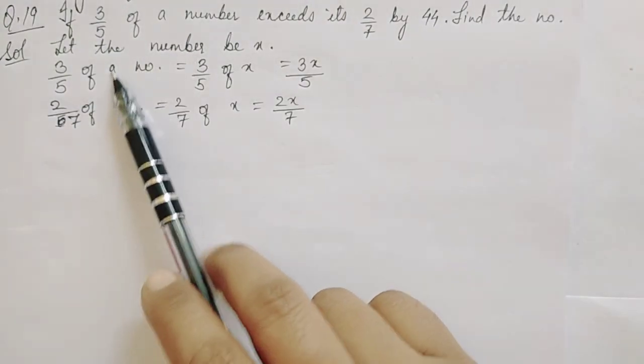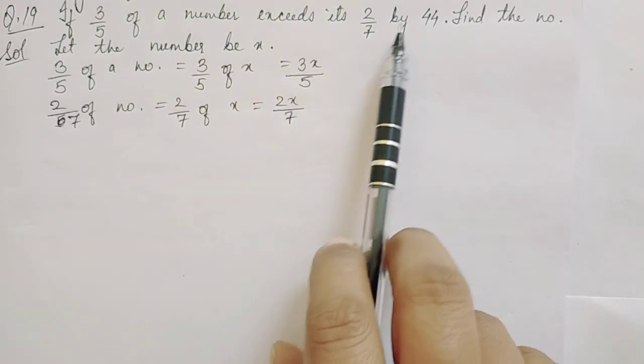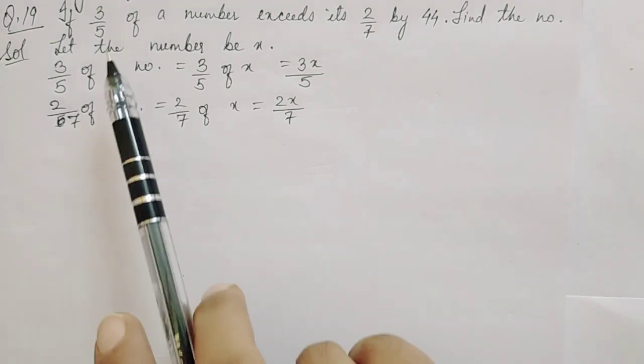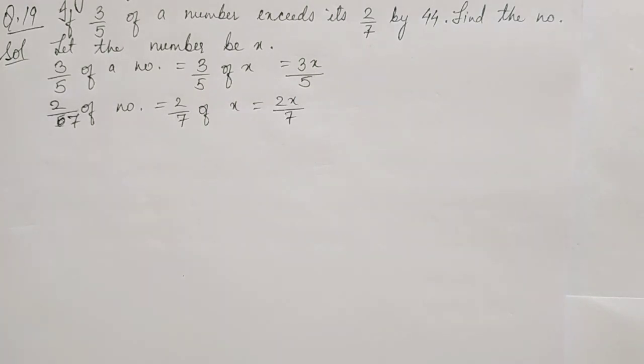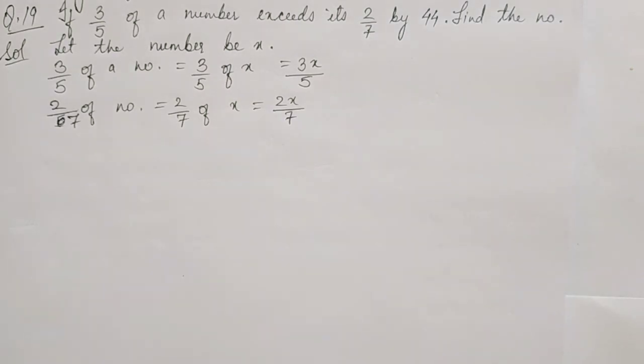Now pay attention here: 3 by 5 of a number exceeds its 2 by 7 by 44. Exceeding means it is greater. It is greater than its 2 by 7, and by how much is it greater? By 44.